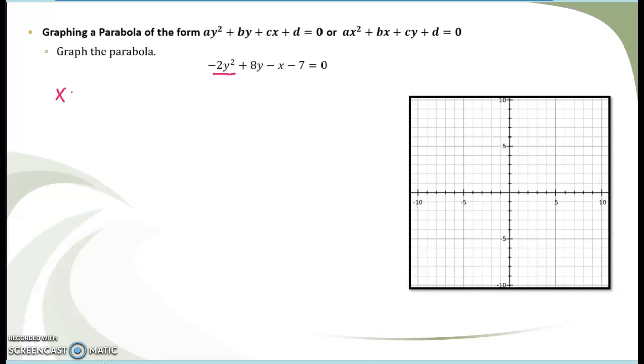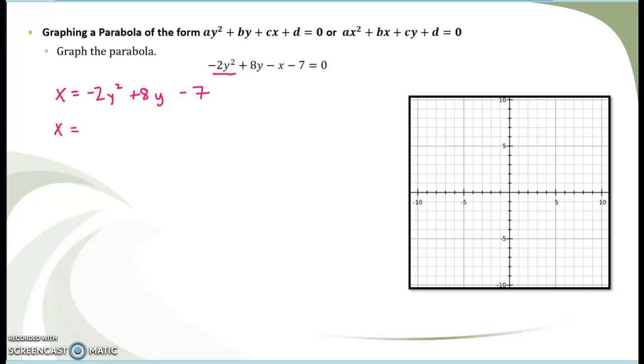So I have x equals negative 2y squared plus 8y minus 7. Okay, now I want to take a look at my y's and I want to complete the square on my y's.